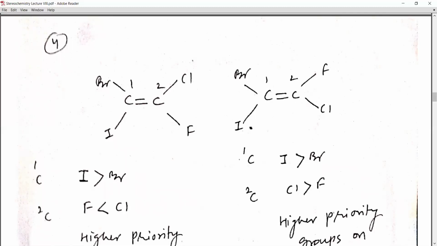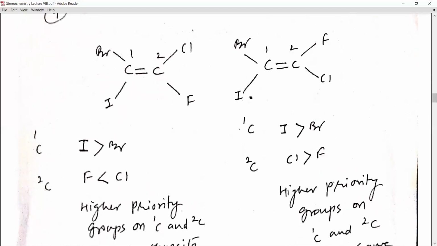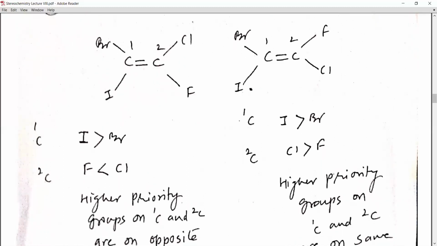So both higher priority groups of this molecule are on opposite sides, so it will be referred to as E.